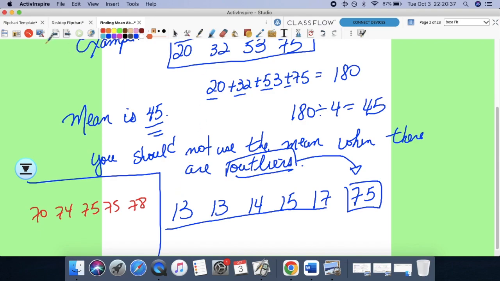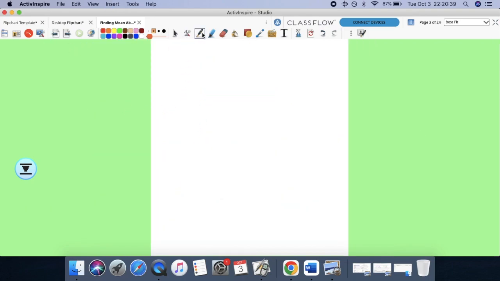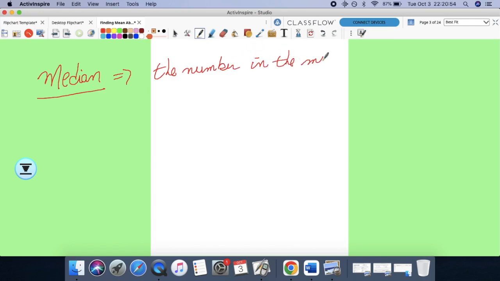Okay. So the other measure of central tendency that we did is called the median. Median. So in English, median should remind me of the number in the middle. The number in the middle after you order your data from least to greatest.